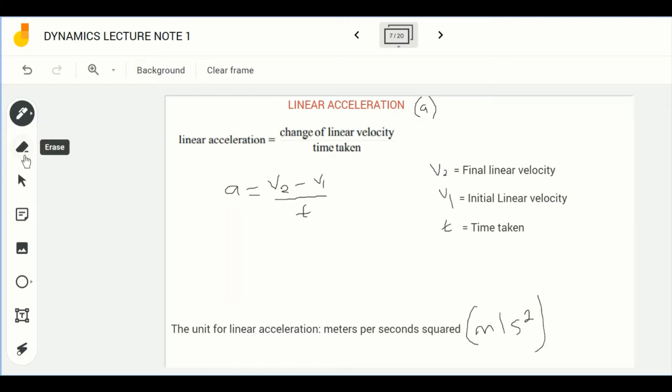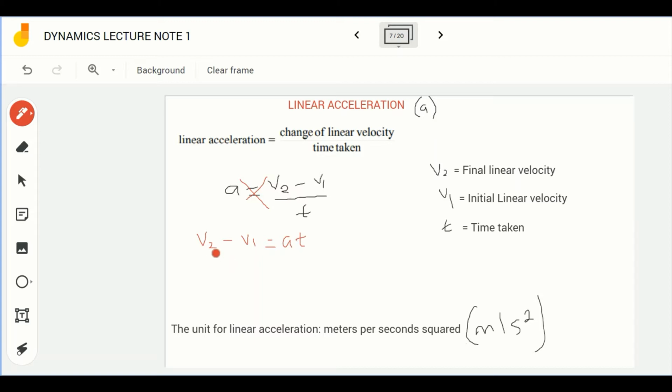Now, I can break this equation further. I can make V2 the subject. How do I do that? I will transpose, so V2 minus V1 will come over, equal to A times T. What next?